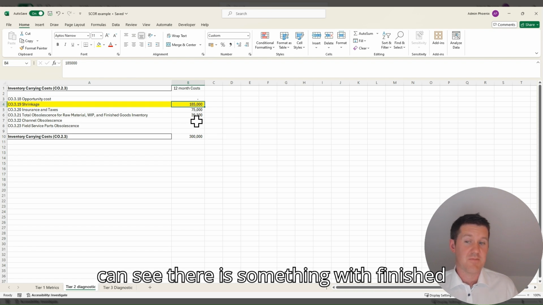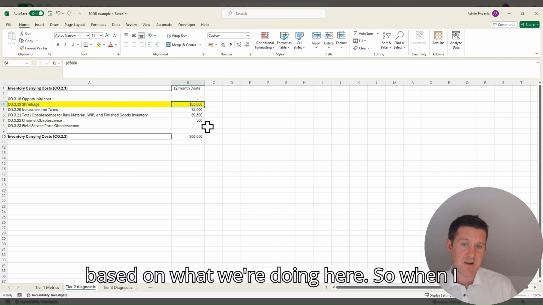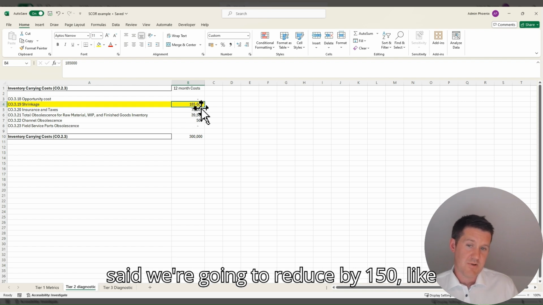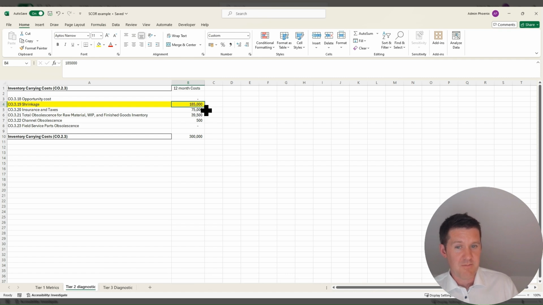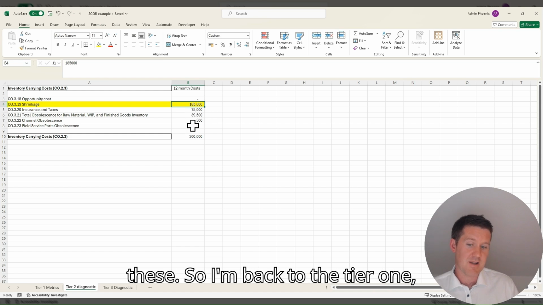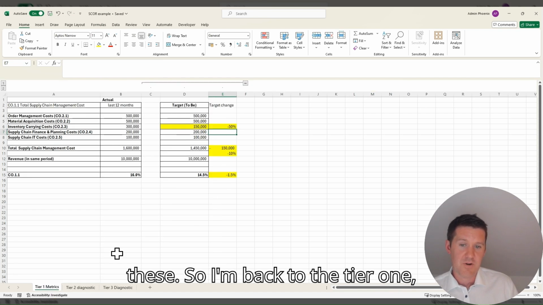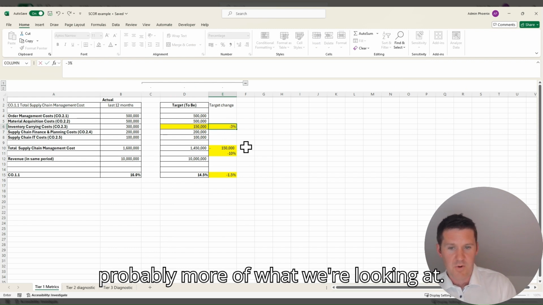And I can see there's something with finished goods that's not really going to change based on what we're doing here. So when I said we're going to reduce by 150, we probably could reduce this by half, but we've probably overstated what we can do here because we're not going to impact these. So if I went back to the tier one, I'd say probably a 90,000 reduction is more what we're looking at.